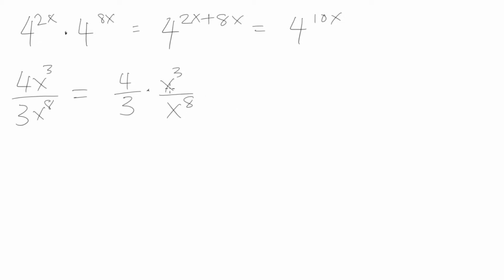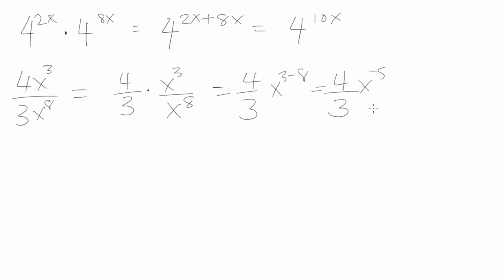And here we have the same base of x, and we are dividing, so we know from our exponent laws that when we are dividing and we have a common base, we're going to subtract our exponents. So this is the same thing as 4 over 3 x to the 3 minus 8, and that is equal to 4 over 3 times x to the power of negative 5, because 3 minus 8 is negative 5.